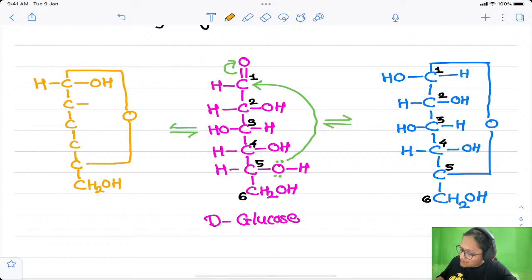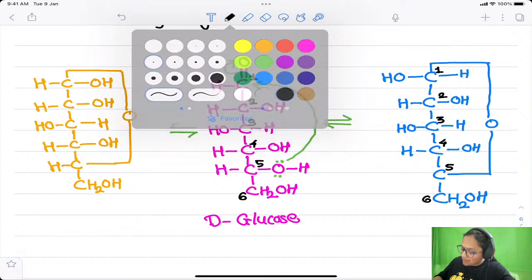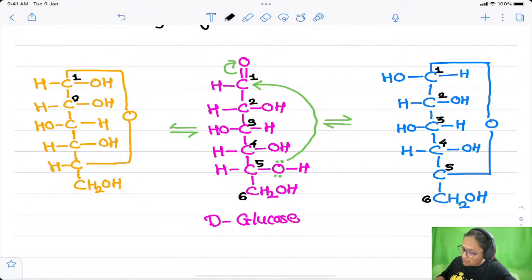That is the only difference between these two structures. All other things are as they are. Just the position of the OH group is different. Here also I can number it: this is carbon number 1, this is carbon 2, 3, 4, 5 and this is carbon number 6.